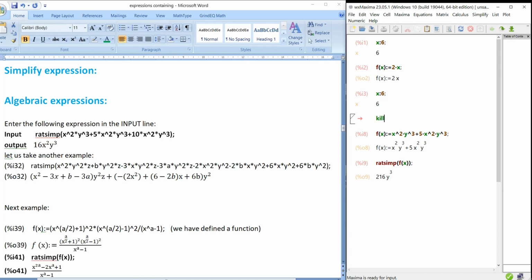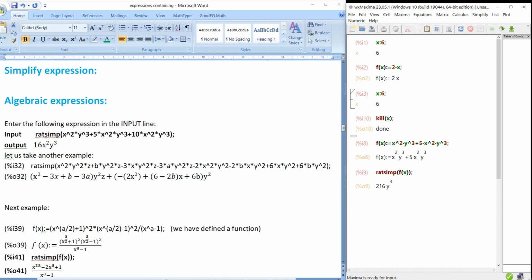Okay, no problem. I will remove the value by applying kill x. Okay, I have erased the value of x that has been assigned above. We had assigned x equal to 6 earlier, so it was assuming x equal to 6 to calculate the answer.